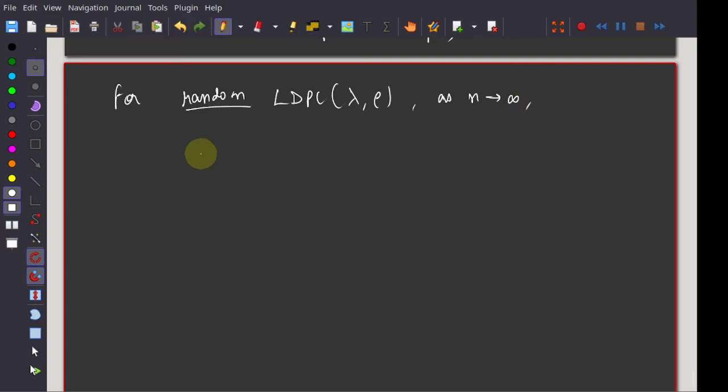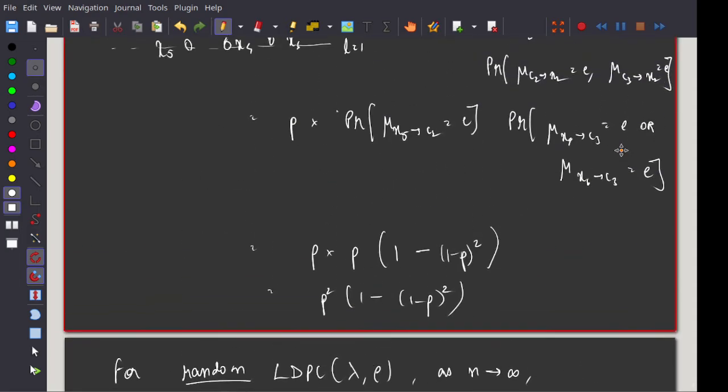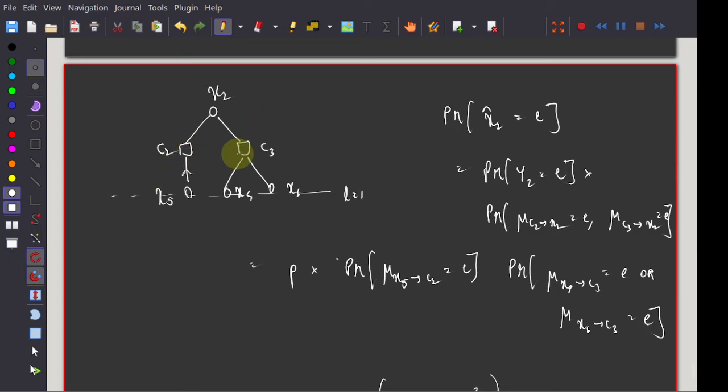So firstly, the computation graph for any of these xi's is going to be a tree. And this happens with very, very high probability, which is a nice feature, which means that all of these messages are going to be independent.